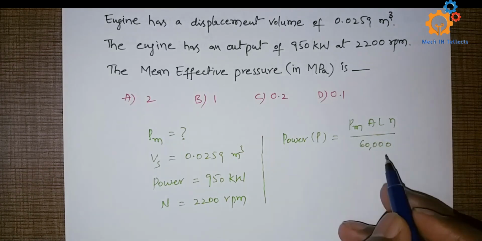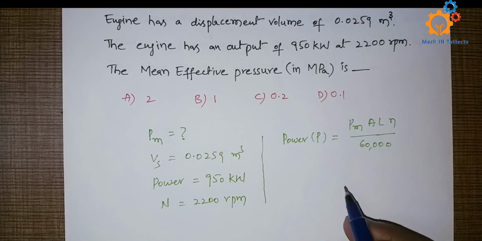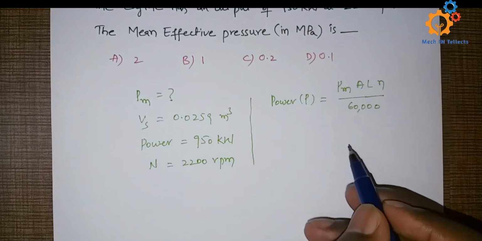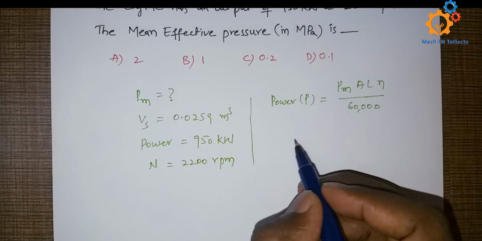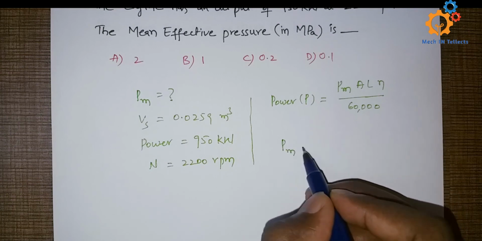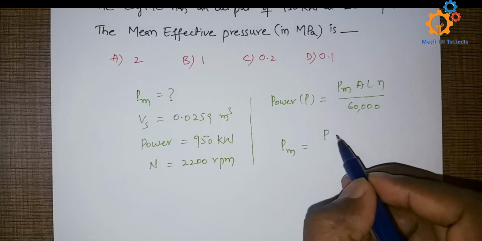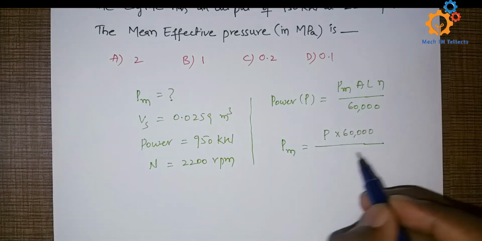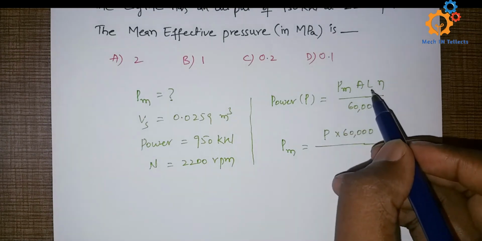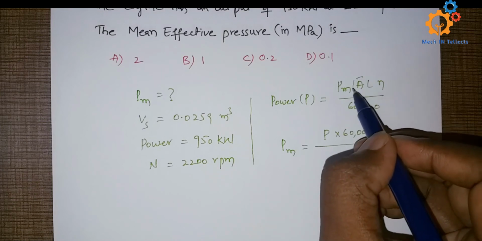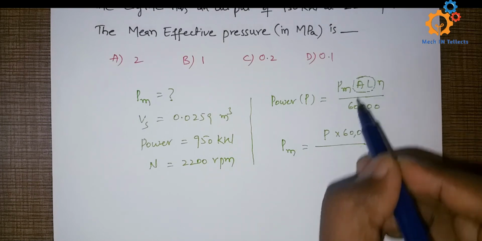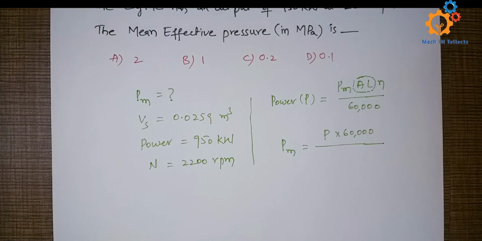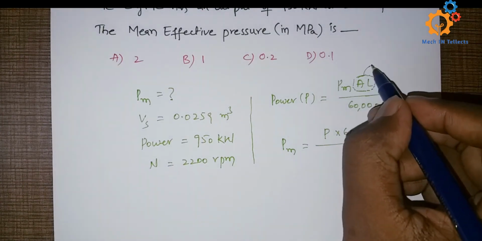We have already given this equation in our previous lectures, right? Remember. Now from this, mean effective pressure is equal to power output into 60,000 divided by, see, this area into length is a swept volume, isn't it?